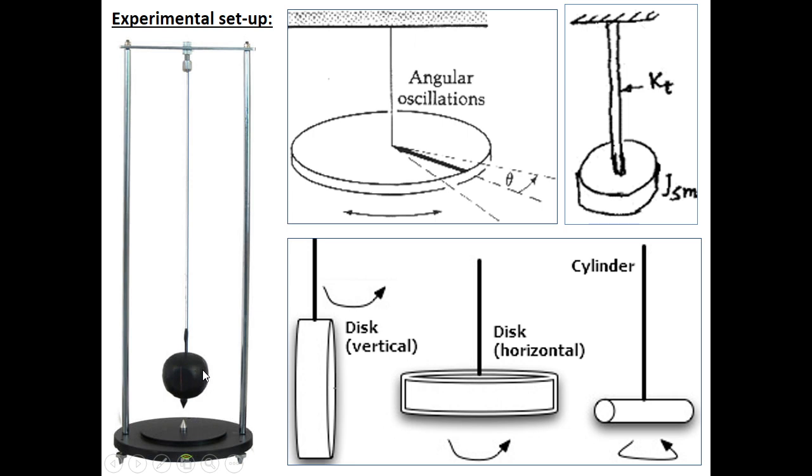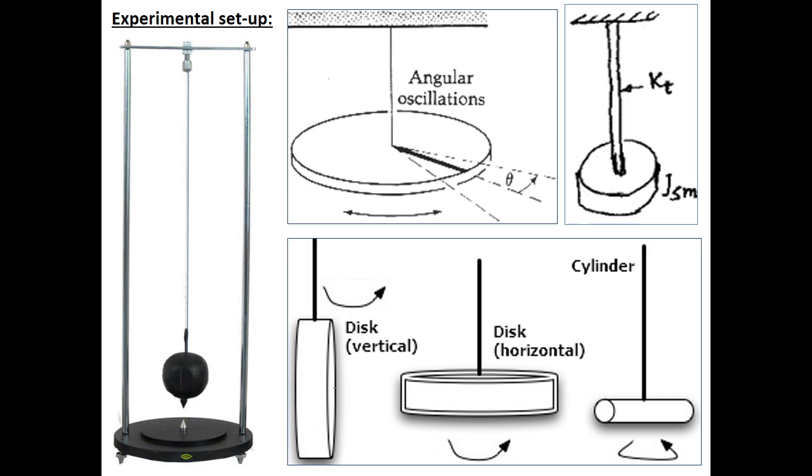A simple pendulum is like this. Some mass is hung from a fixed support by a very thin wire, and then this mass oscillates in a vertical plane. This mass, like a bob, is called the bob.